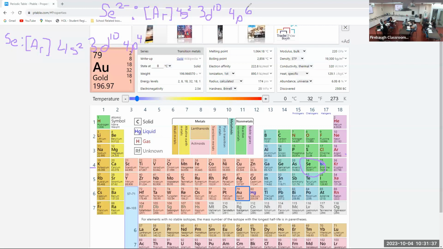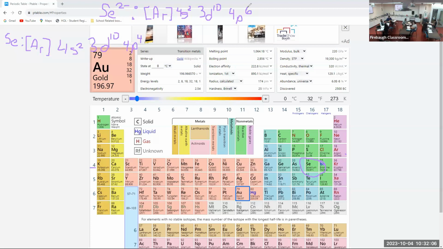Okay, that's it. Does that make sense? Because you're adding 2 extra electrons. You add to the one until it's full, and then if it runs over, you go to the next one. Okay? Questions?